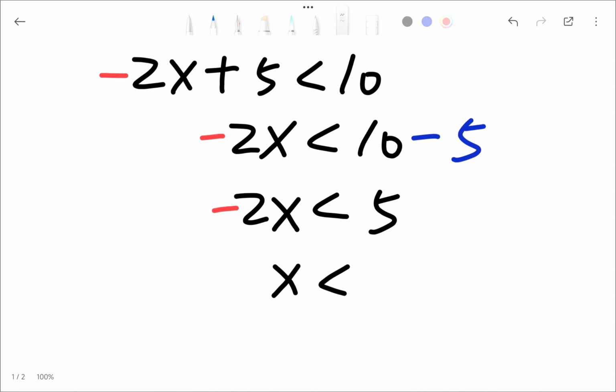When we do that, the difference is whenever we either multiply or divide both sides by a negative number, we need to switch the sign to the opposite. Before, it was less than, now has to become greater than. And 5 divided by negative 2 is negative 5 over 2. Or negative 2.5.